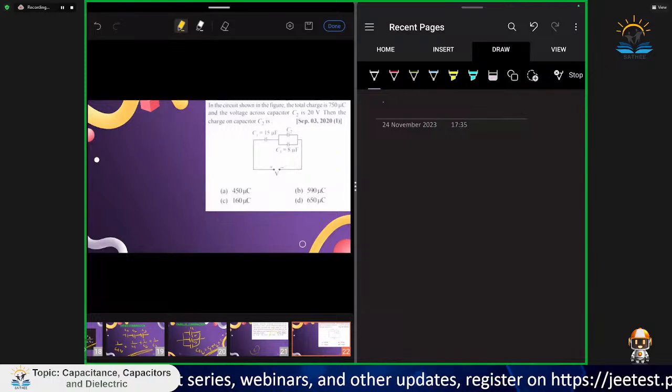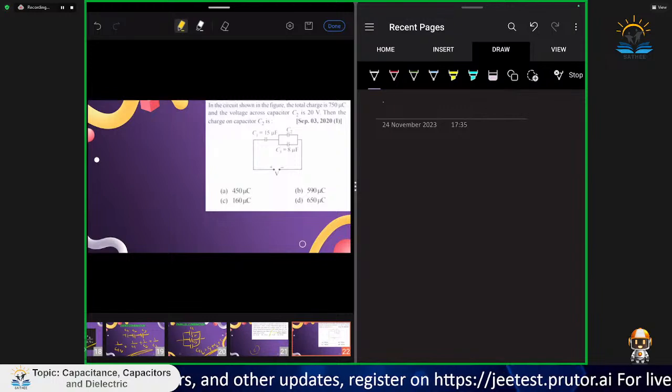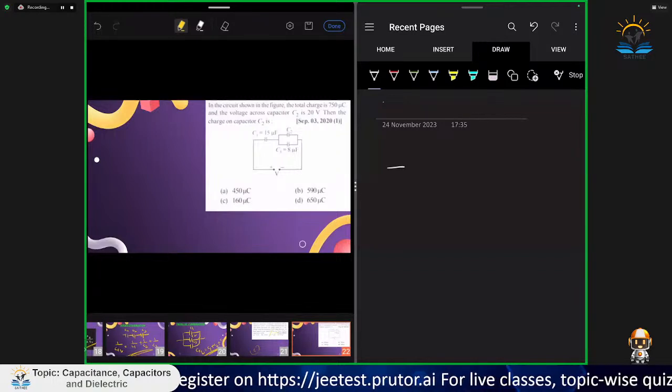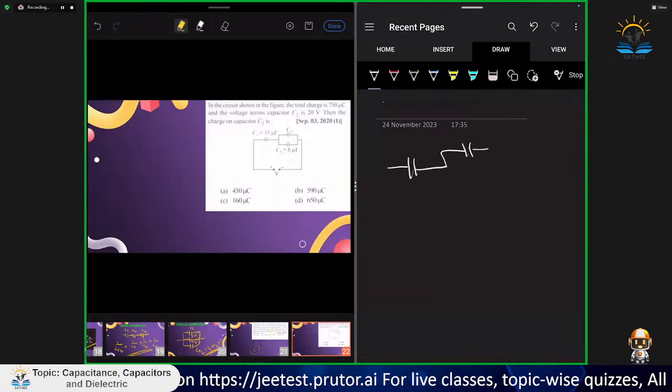In the circuit shown in the figure, the total charge is 750 microcoulomb and the voltage across capacitor C2 is 20 volt. Then the charge on capacitor C2 is? Again, a very simple question.